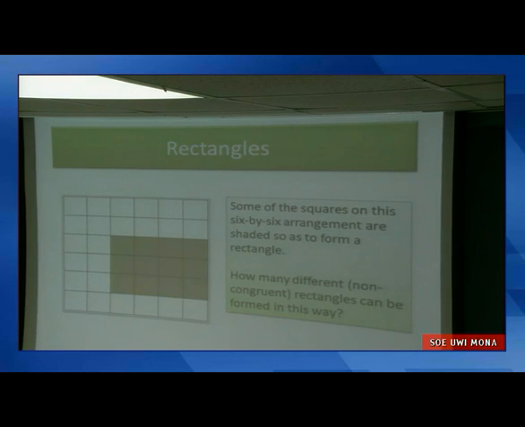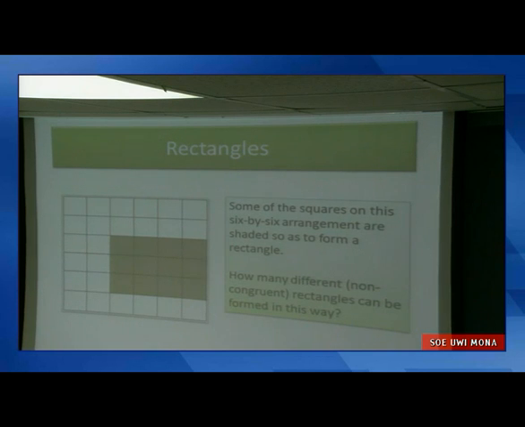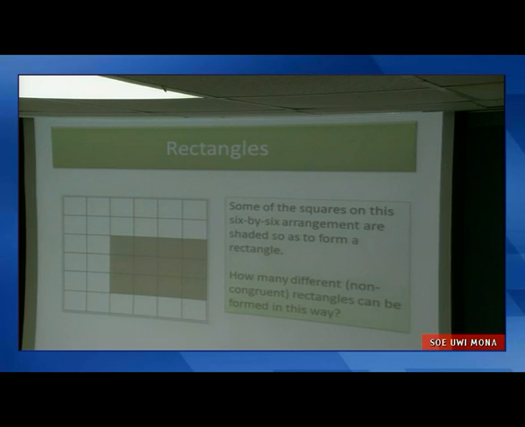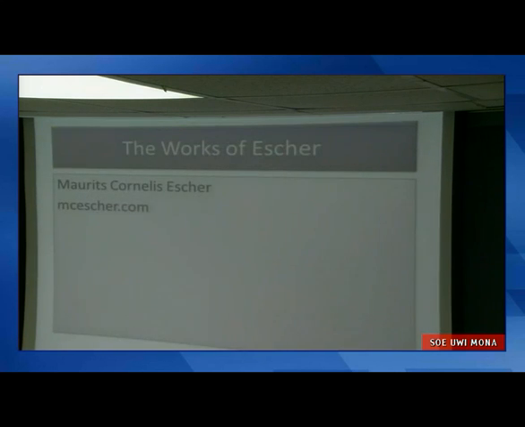Not the same shape, right? The same shape. So that means you rotate it or turn it. Consider it again. That's your final problem for today. Try to figure out a way that you can do it systematically rather than just trying to explore every single possible such arrangement.